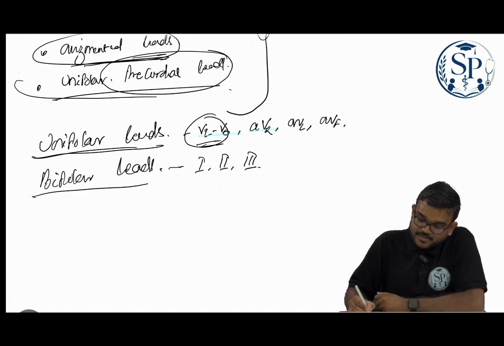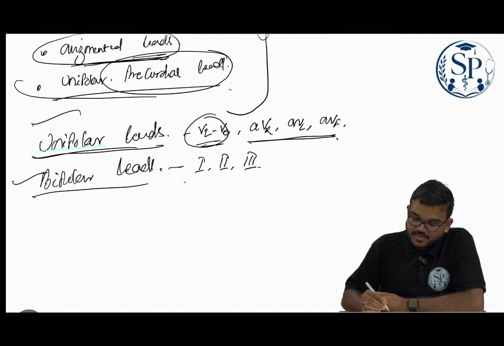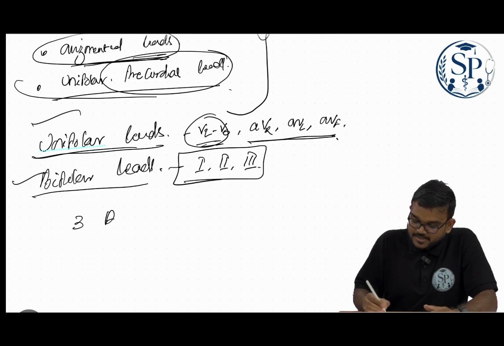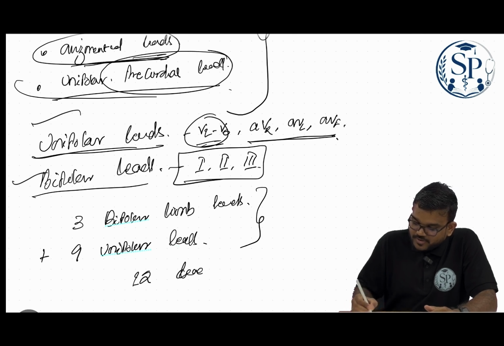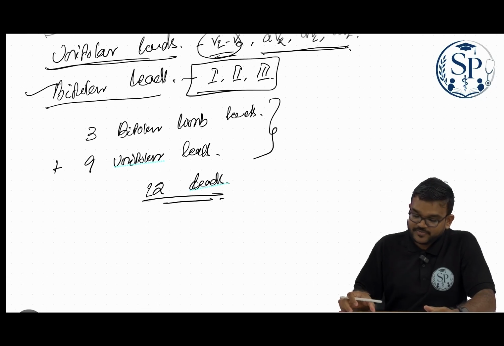So the precordial leads along with augmented limb leads are unipolar leads. There are 3 bipolar limb leads plus 9 unipolar leads, so there are 12 leads in total in a recording of ECG.